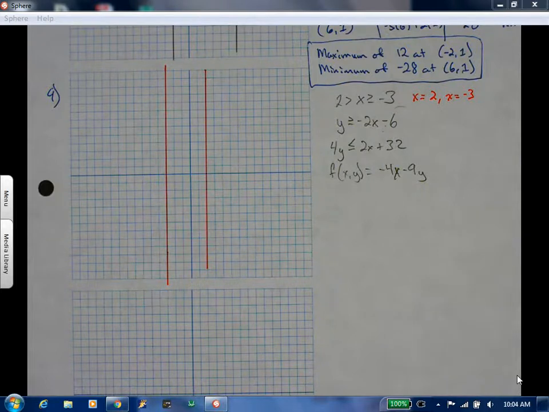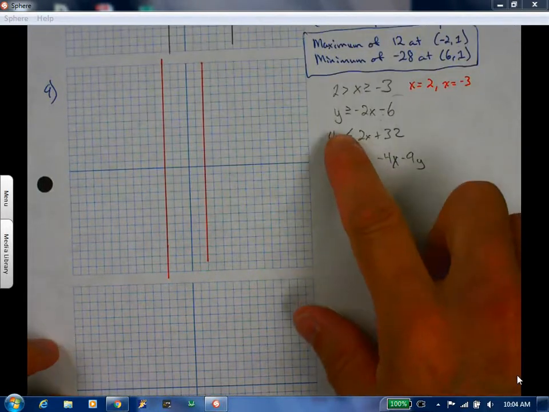The next one has a y and an x, so that one should be sloped. It is y by itself. The third one we will have to solve for y.